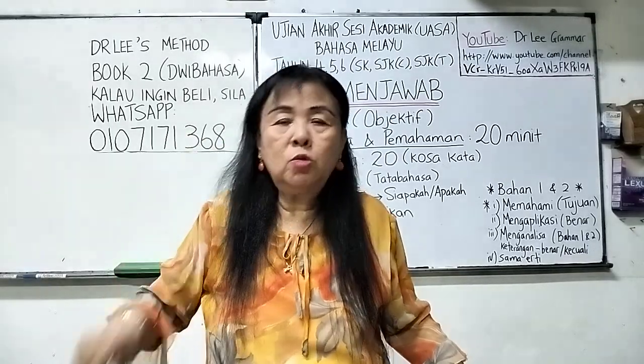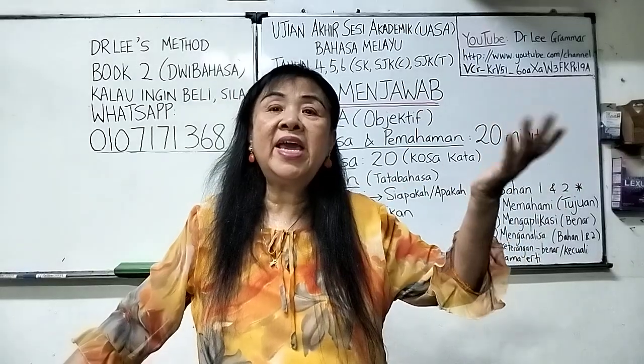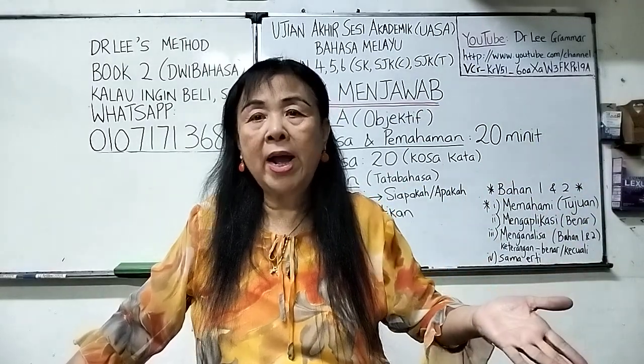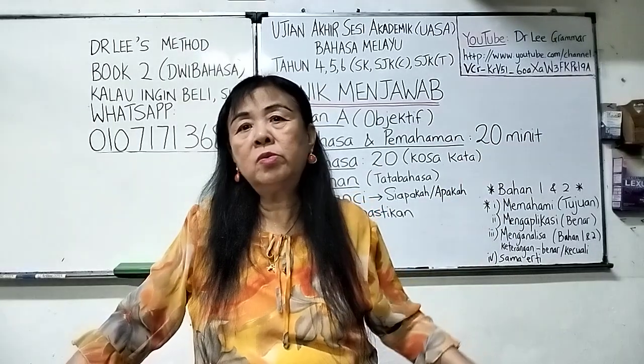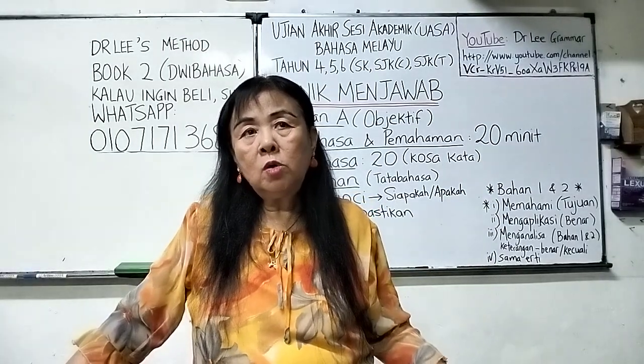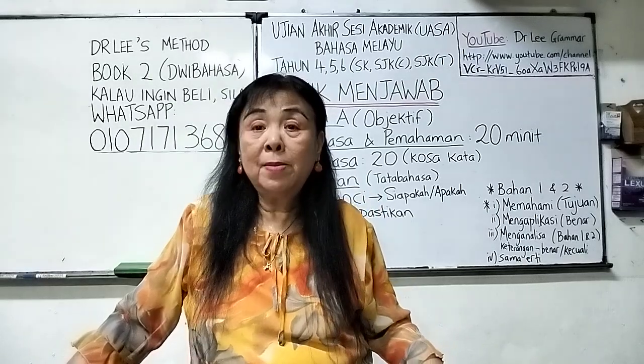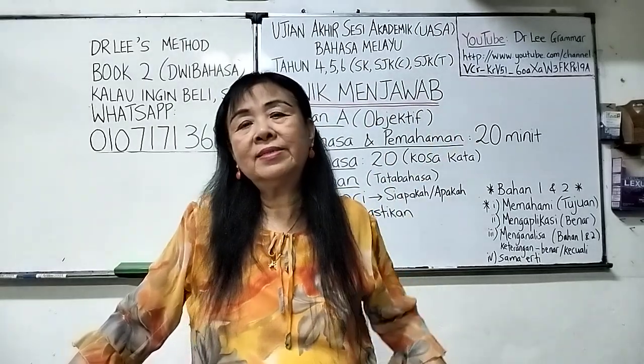So they underline pintu kaca. So number 1, and then they give A, ekor, B, batang, C, biji, and then D, buah. Of course, the answer is buah, sebuah pintu. Okay, so although it is pemahaman, they do give tata bahasa questions as well, but based on the text.